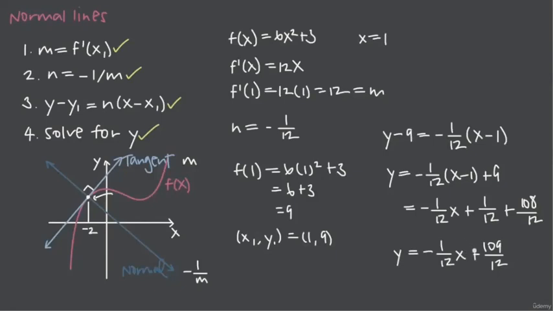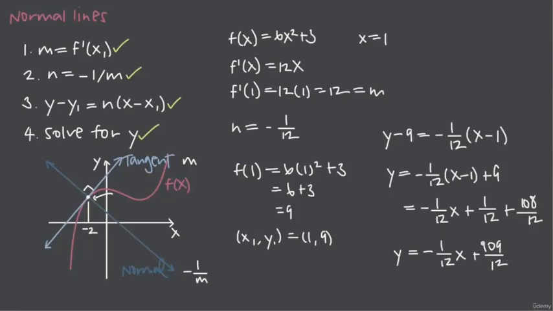In this format, we see that this line intersects the y-axis. It has a y-intercept of 109 over 12, which is just a hair above 9 along the y-axis. And then it has a slope of negative 1/12, which means that it'll move down 1 unit for every 12 units the line moves over to the right.